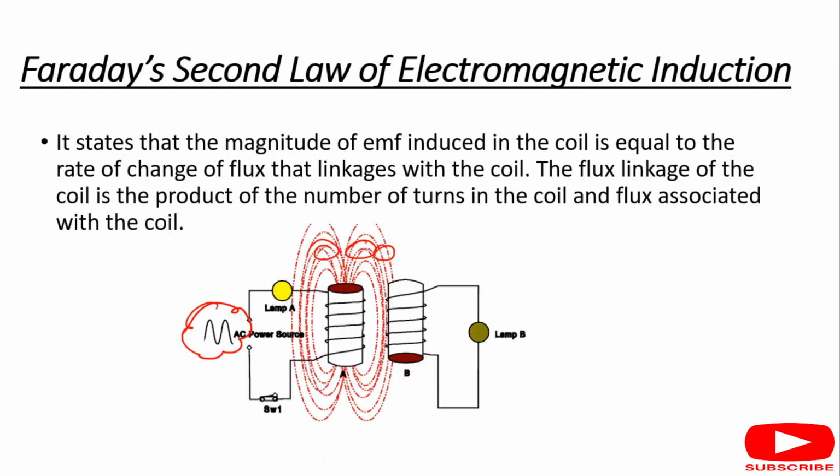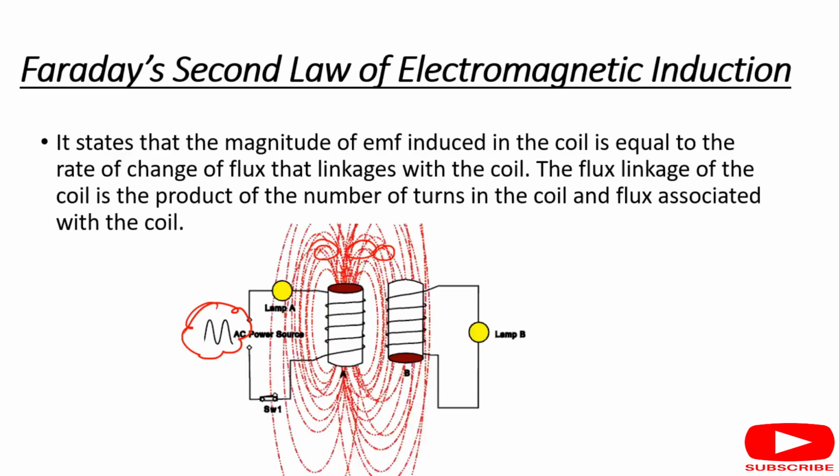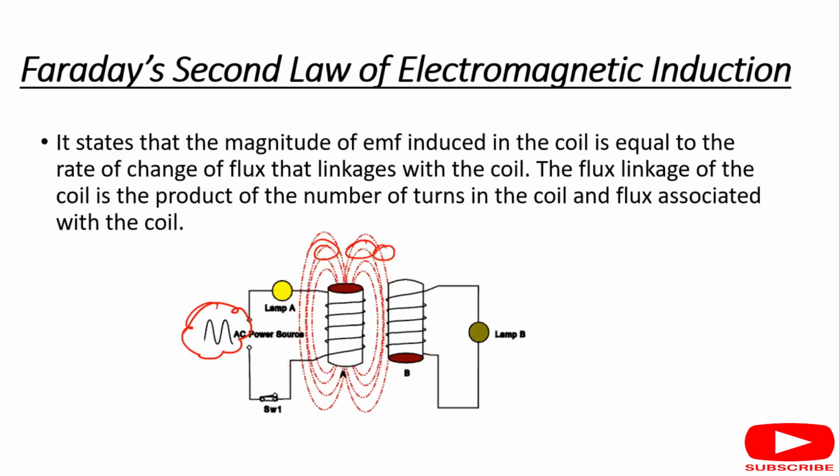In short, the EMF induced in coil A is the rate of change of flux with respect to time in that coil. Mathematically, the induced EMF is N1 d phi by dt.